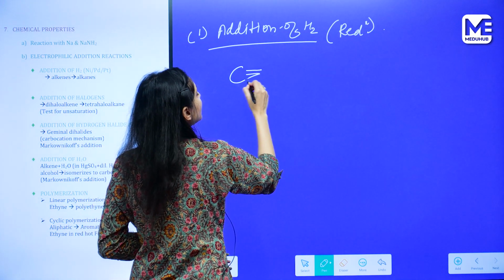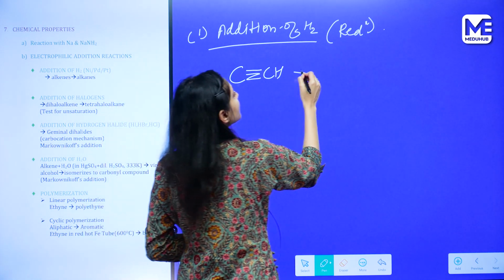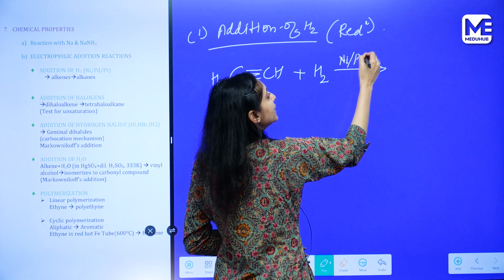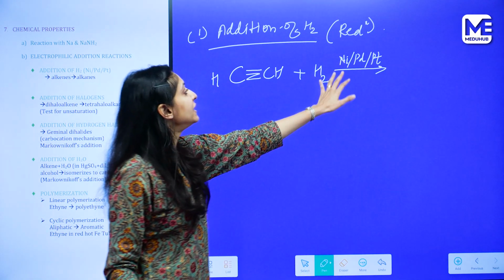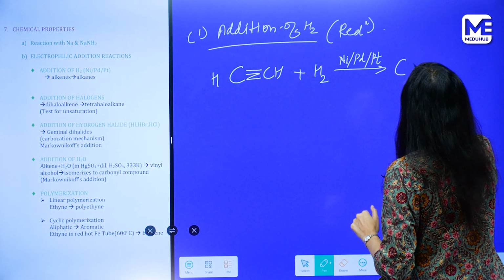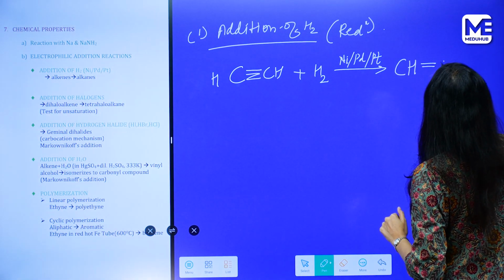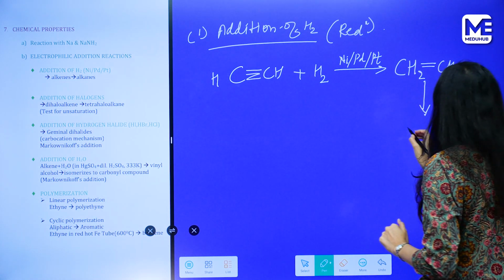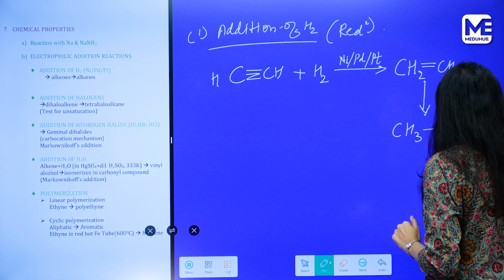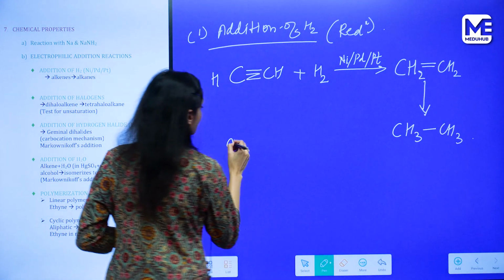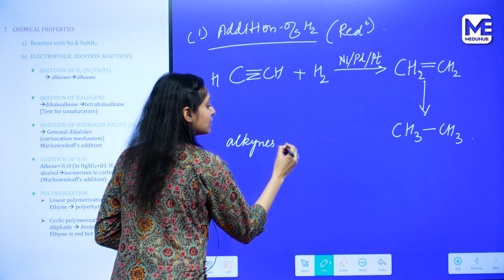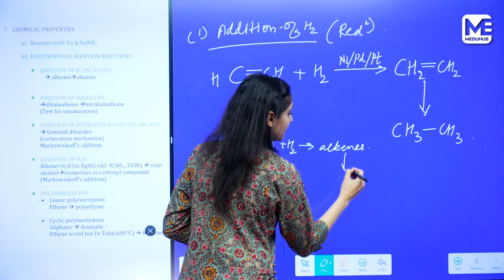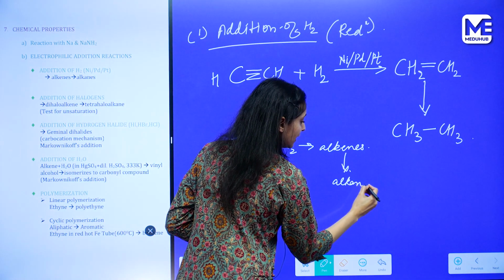So if you have an alkyne and hydrogen is added to it in the presence of catalysts like finely divided nickel, palladium or platinum, first we will get an alkene and then further addition of hydrogen will give us an alkane. So from alkynes, when adding hydrogen, we will first get alkenes and then further we will get alkanes.